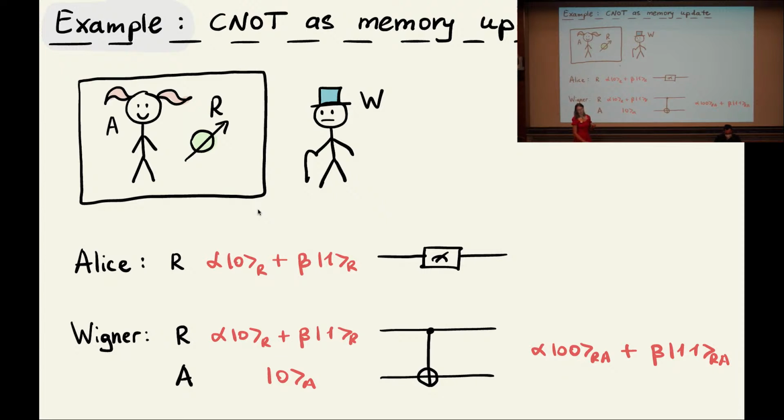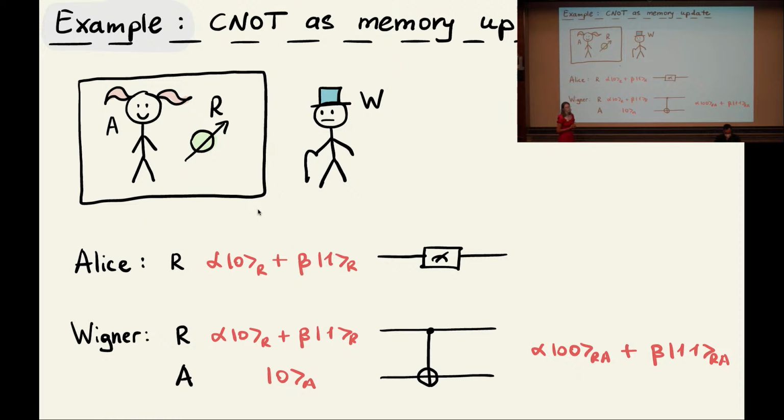If we look now at a more quantum computing example, we can model Alice as a qubit who is measuring in its own turn a qubit R. Here we also perform the measurement as a coupling, namely a unitary CNOT gate.